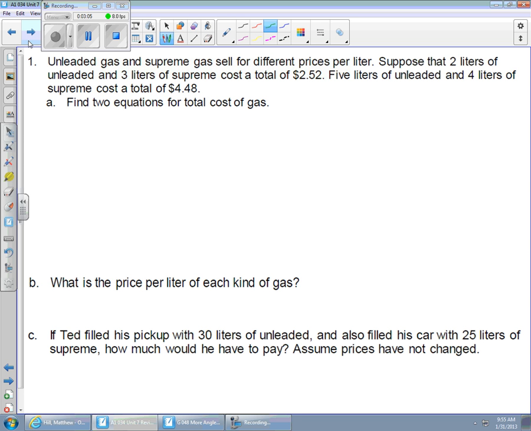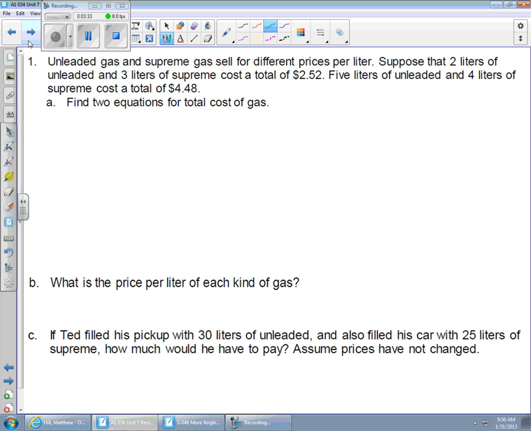If you have words that you don't recognize or can't understand, try to decode the words. We have to figure out the meaning of the words if we're going to understand the problems. So, unleaded gas and supreme gas sell for different prices per liter. Suppose that 2 liters of unleaded and 3 liters of supreme cost a total of $2.52. 5 liters of unleaded and 4 liters of supreme cost a total of $4.48.